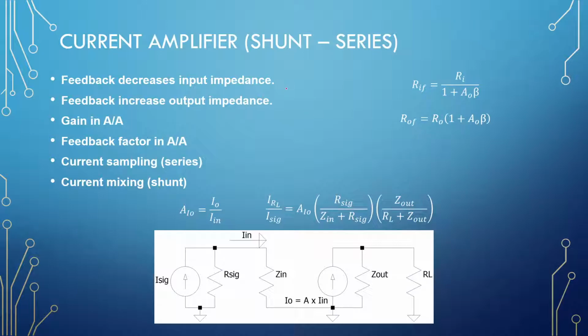If you can argue the amplifier type and what kind of input and output it should have, you should know what equation to use for input and output impedance with feedback applied. For the current amplifier, current sampling happens in series and the mixing happens in parallel or shunt. So the current amplifier is the shunt series topology.